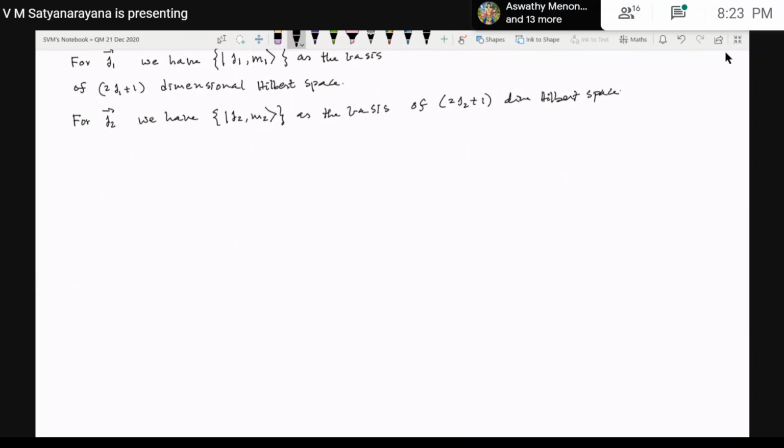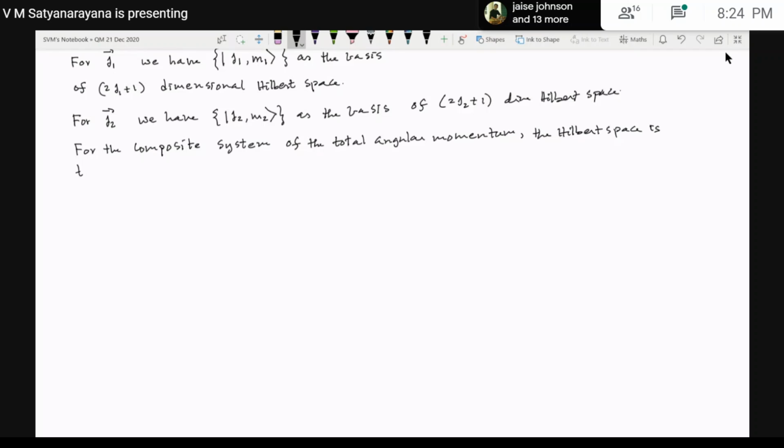Now for the composite system of total angular momentum, the Hilbert space is what we call a tensor product of the two Hilbert spaces.